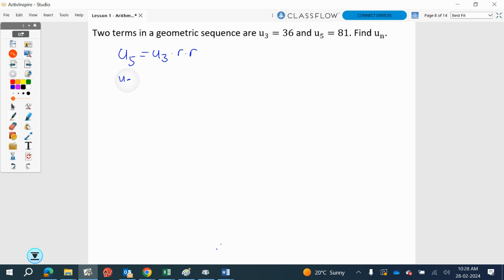So U5 is U3 times R squared. We can put in the numbers we have: 81 and 36 multiplied by R squared. This gives us 81 over 36 is equal to R squared. Simplify your fractions: 9 over 4 is equal to R squared.